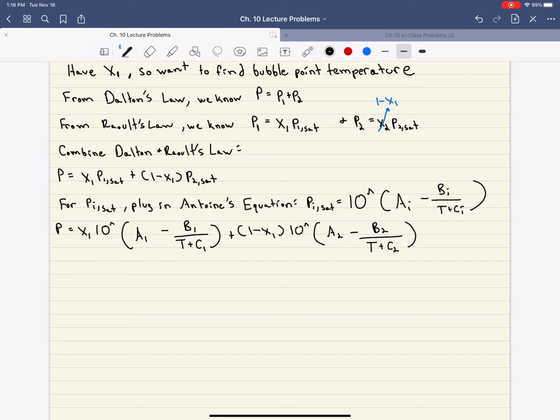Now, in the way we have this equation written out, which I'll call equation 1, we only have one unknown, which is the temperature value. I'll talk about how to get that in a bit, but in any case, we also have these constants that we need to deal with.